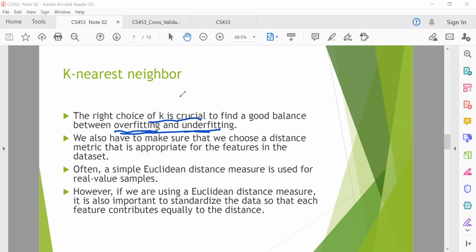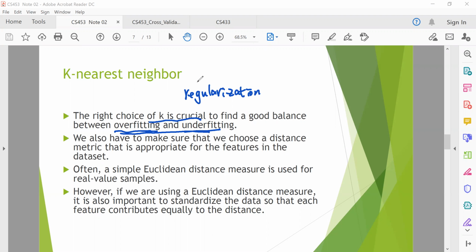Previously we learned that regularization is one way to do it. But just think about whether regularization works for KNN.